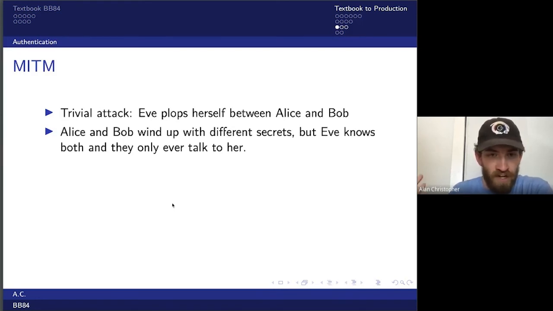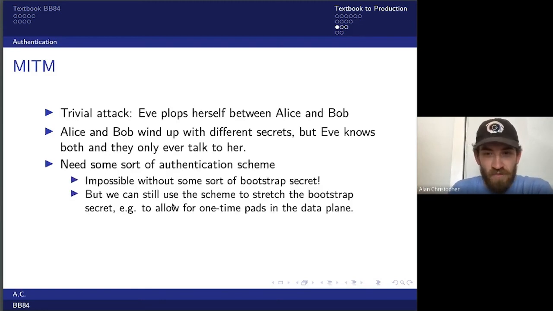Okay, sure, they wind up with different secrets, but Eve knows both, and they're only ever talking to her. You wind up without any sort of useful cryptographic scheme. You're talking to the assailant rather than the people that you actually need to be talking to.